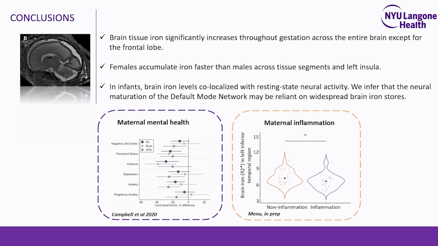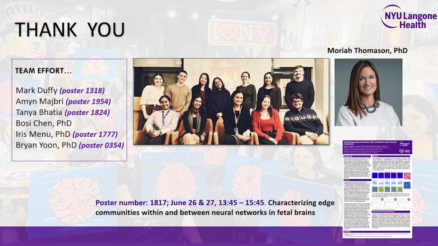Within our group, Dr. Manuel is also exploring the effect of maternal inflammation on our brain iron data, and she does see a difference. So we can imagine there are a bunch of opportunities to look at environmental and contextual effects on brain iron development during this period. Yeah, so that's it. Thank you.